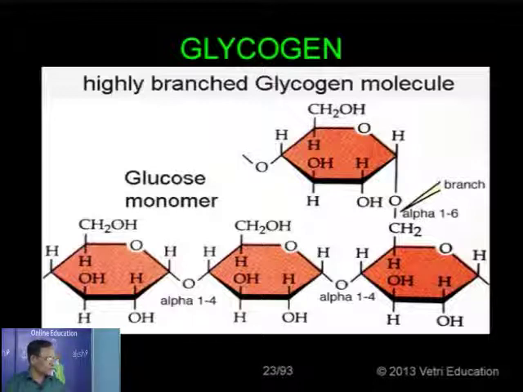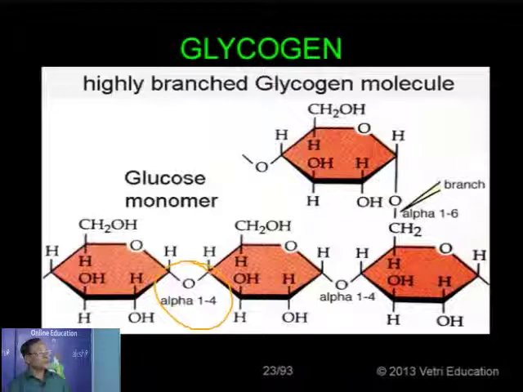So this is a glycosidic linkage in a linear chain. The glycosidic linkage is formed between the first carbon atom of the first glucose molecule and the fourth carbon atom of the succeeding glucose molecule. Whereas in the branch, the glycosidic linkage is formed between the first as well as the sixth carbon atom of the adjacent glucose molecules.